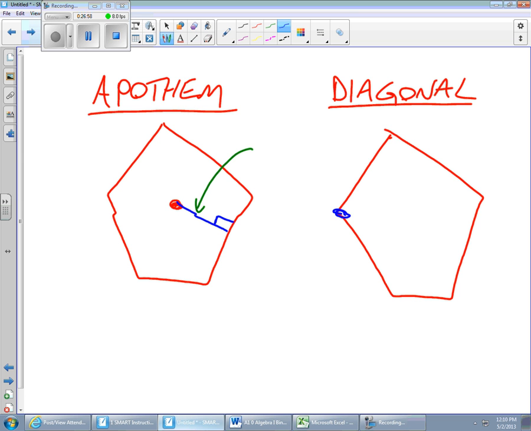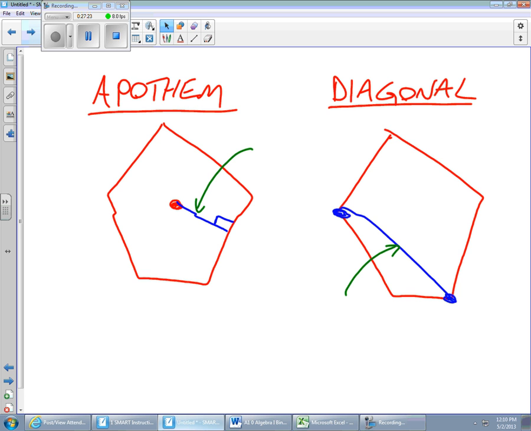So if you pick a point and go to any point that's not right next to this one, connect it, that's the diagonal. Obviously, we wouldn't want to connect a point that's right next to the first point that we picked because that would simply be a side of the polygon. So you go through the internal space, that's a diagonal.